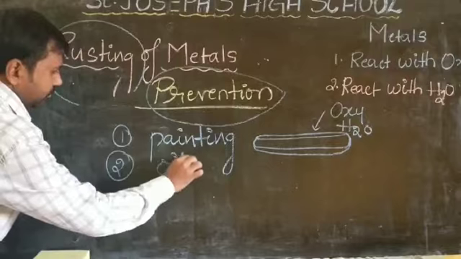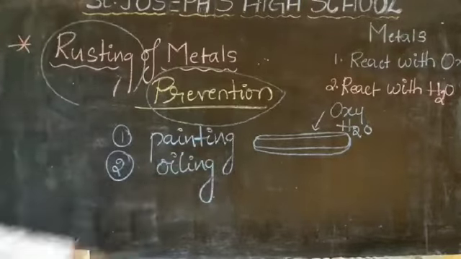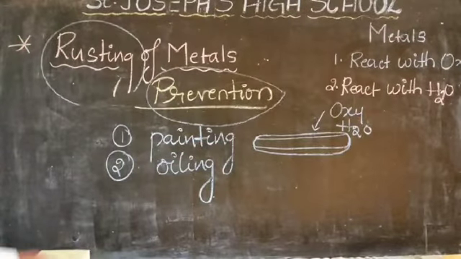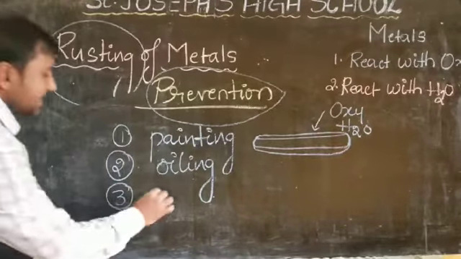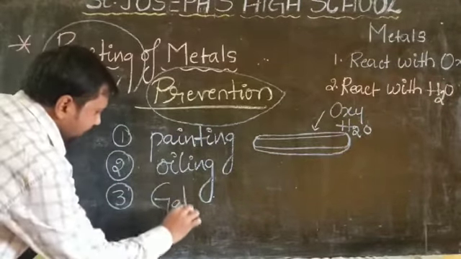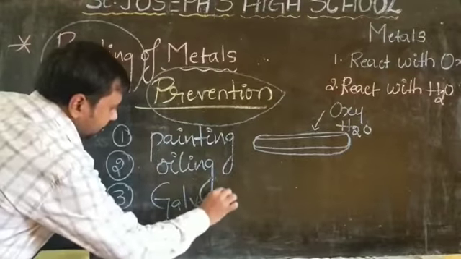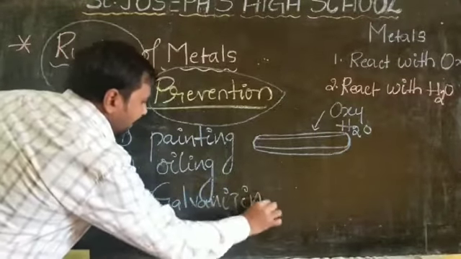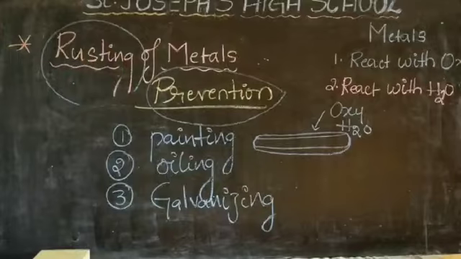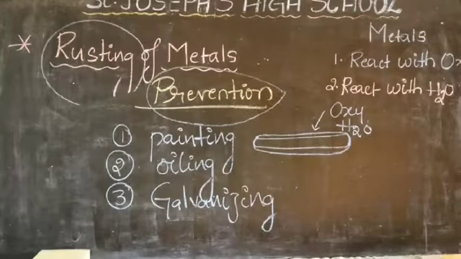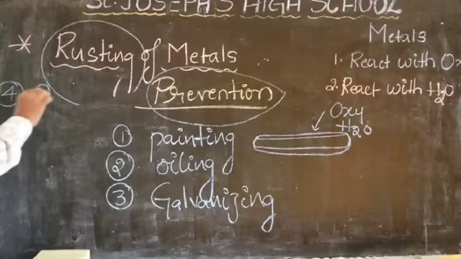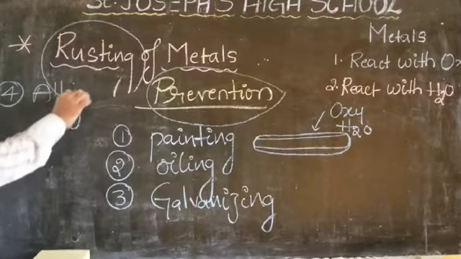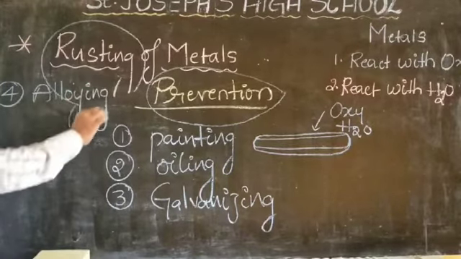Second one is oiling. Third one is galvanizing. Fourth one I am writing: alloying.